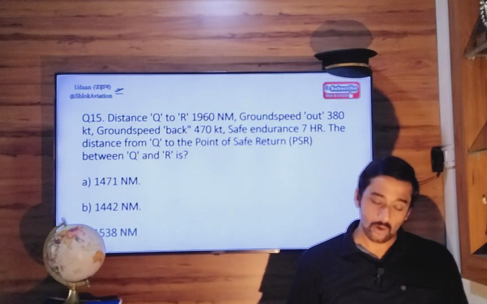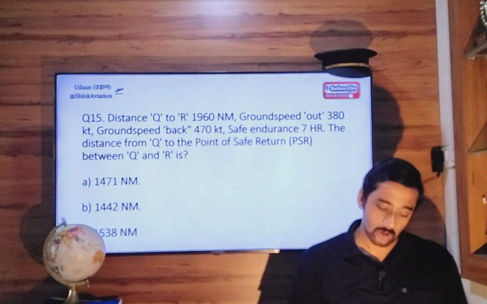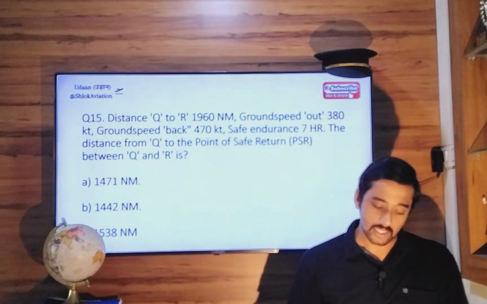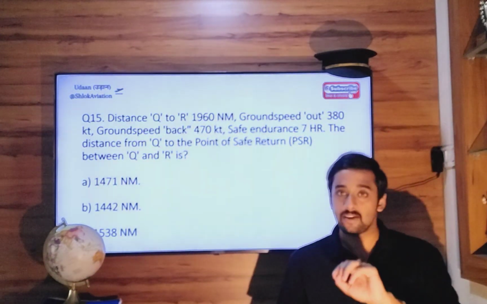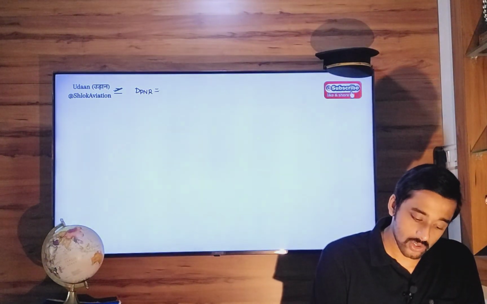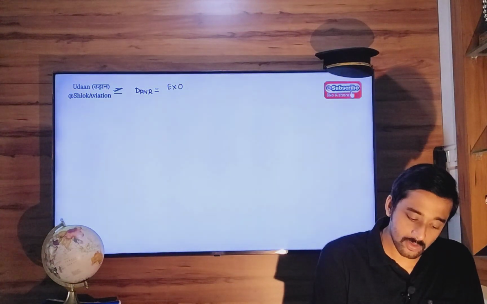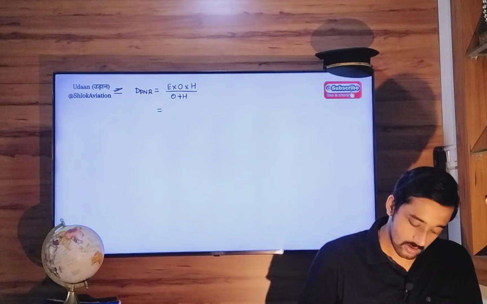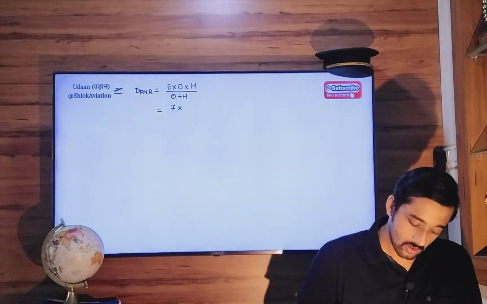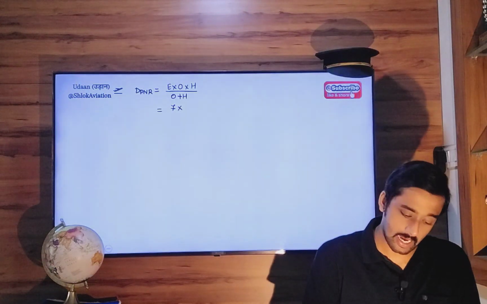Now distance Q to R is given, ground speed outbound and homebound are given, endurance is given. What is the distance from the departure to the point of safe return or no return? So very important, let's use the direct formula. Distance to PNR equals endurance into outbound speed into homebound speed divided by outbound plus homebound. What is endurance? It is 7 hours. What is outbound speed? It is 380.